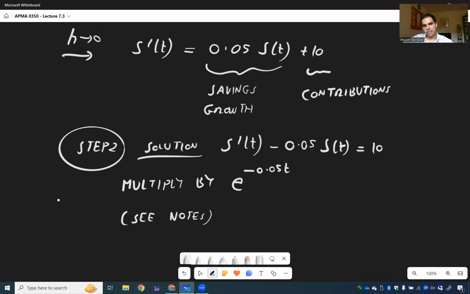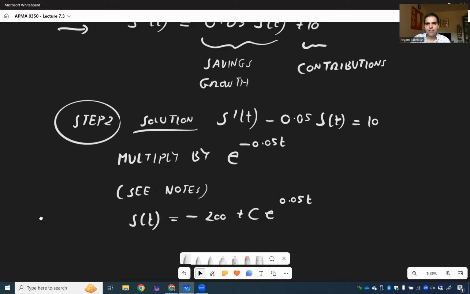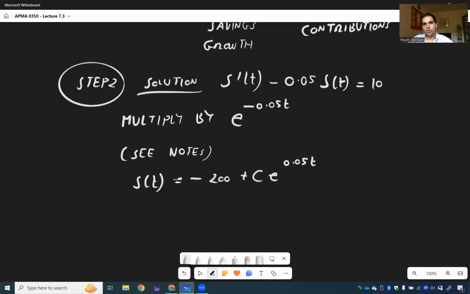And then you get s of t is minus 200 plus c e to the 0.05t. Again, which seems negative, but it's actually positive, because if you use s of 0 equals 100, you get c equals 300.